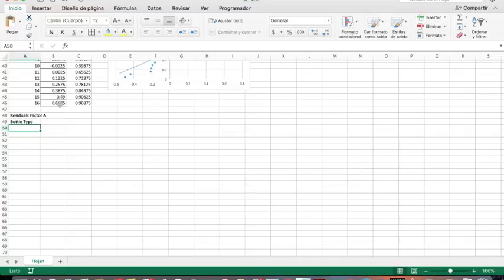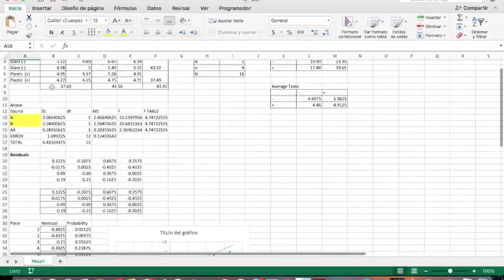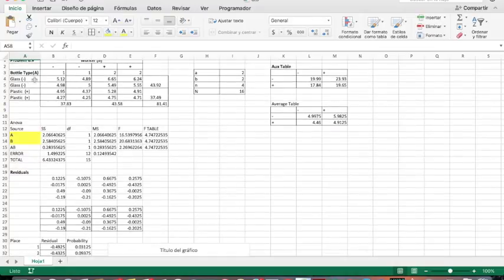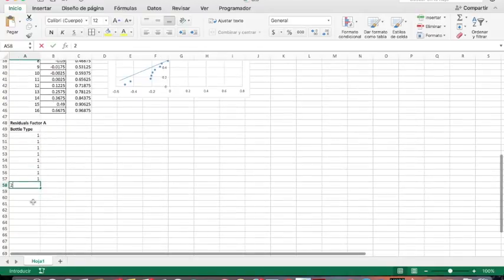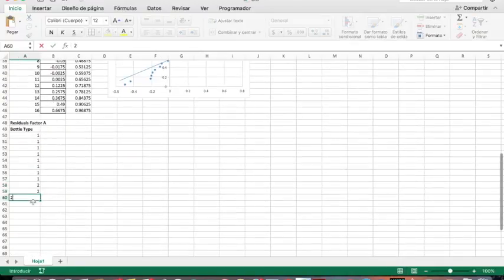And the bottle type, it's supposed to be 8 data, eight residuals with bottle type, let's say 1, which is the glass, and 2, which is the plastic.